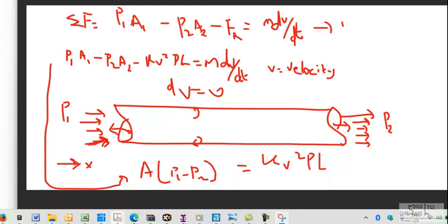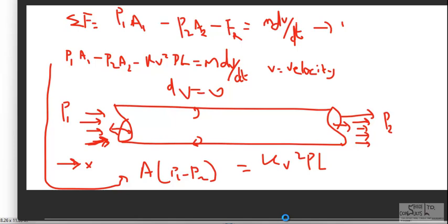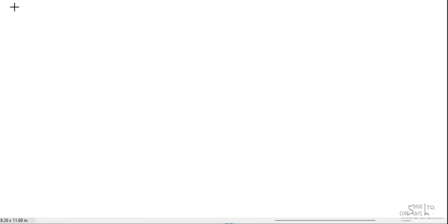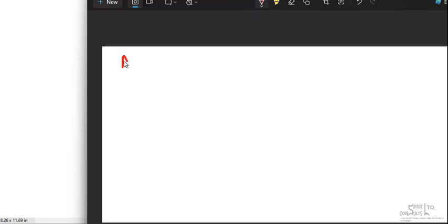So we say A into P1 minus P2 is equal to K V square P L. Let's divide both sides by the specific weight of the fluid.